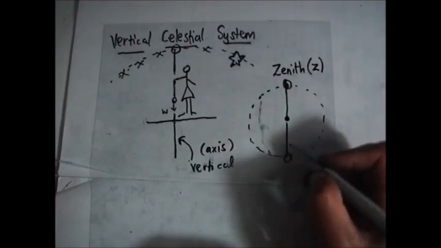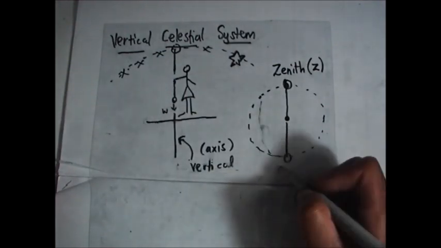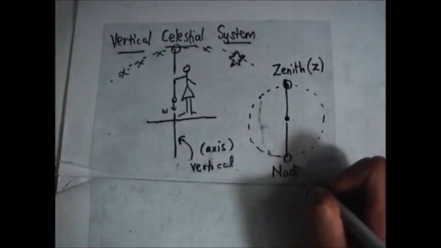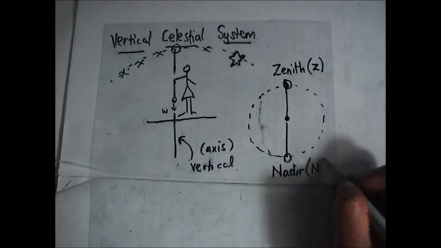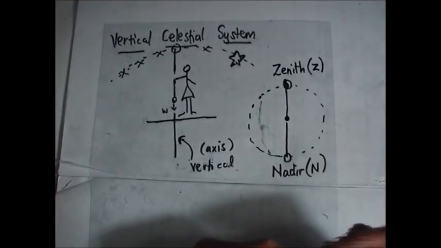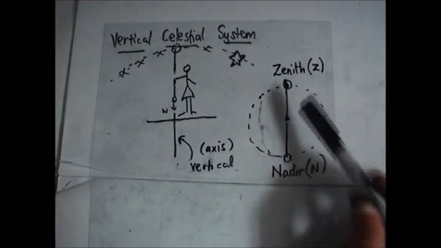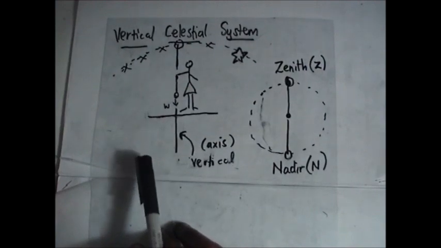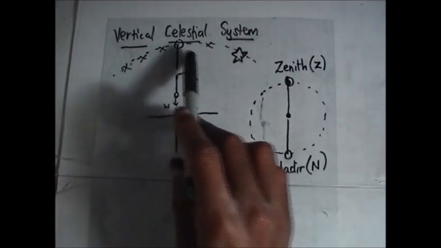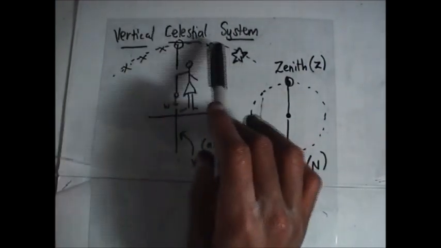And the one below the observer is called the nadir, which is given an N as the symbol. So this one is the zenith and this one is the nadir. So that is the first part of defining this celestial system.